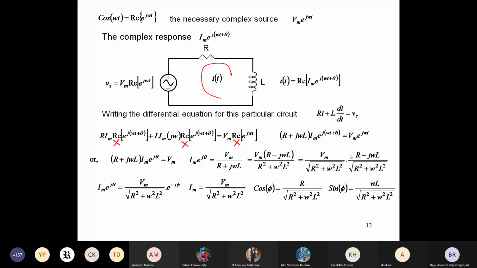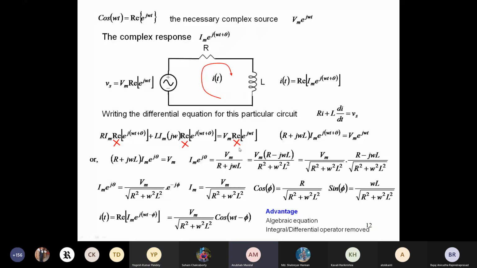There should be a minus omega L: if you take cos phi minus j sin phi, it equals e to the power minus j phi. Yes, the minus phi has been taken, it is all right.